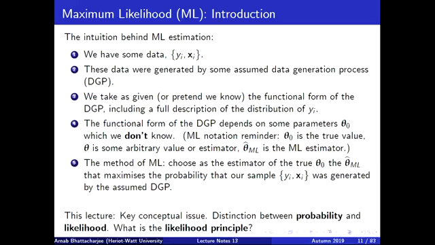So we know things fully here. The functional form of the DGP depends on some parameters which we don't know. These parameters have a true value which is theta naught. Theta is some arbitrary value or an estimator, and theta hat ML is the maximum likelihood estimator.